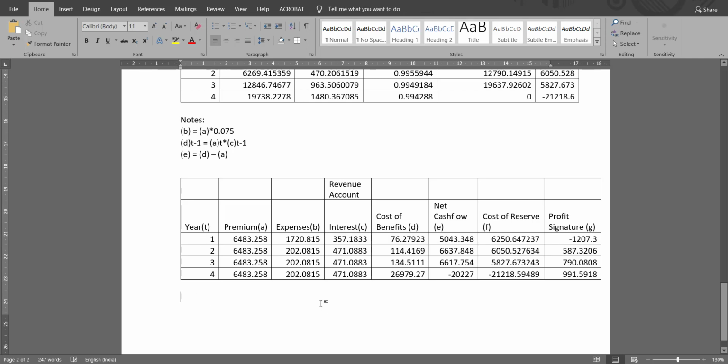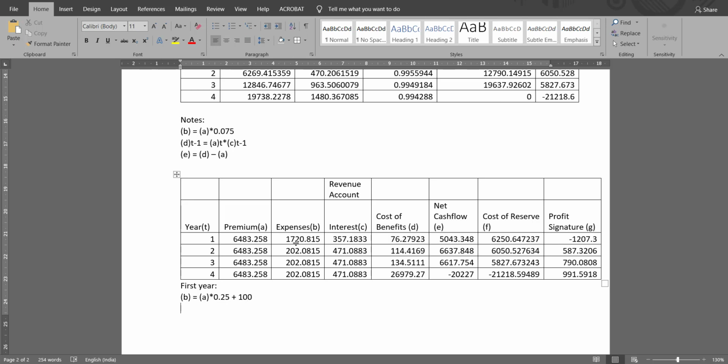Okay. Now in terms of premium, you know how it's calculated. Expenses. Okay, so you can say B, first year, B is equal to A times 0.25 plus 100, right?